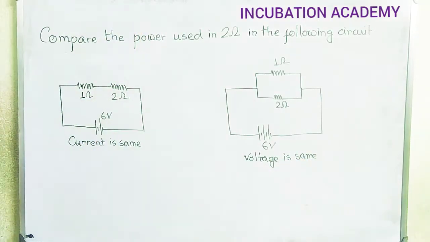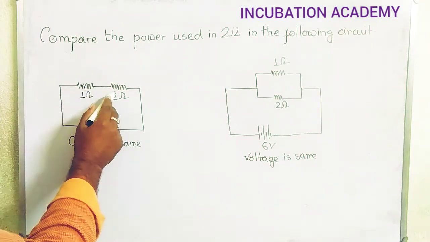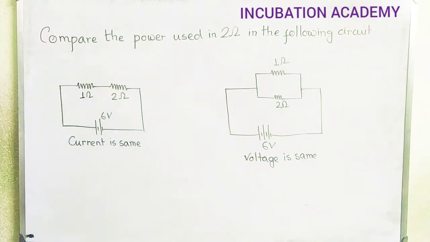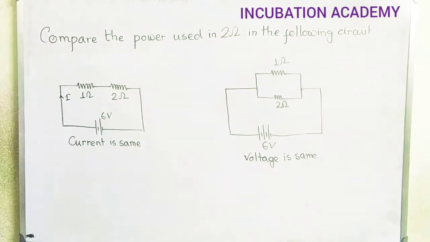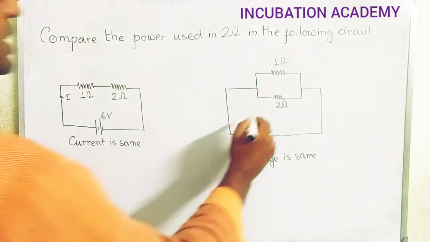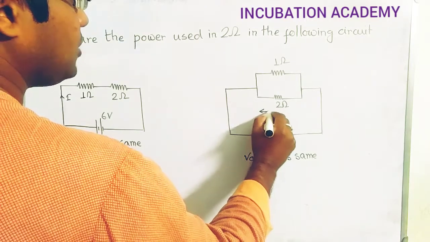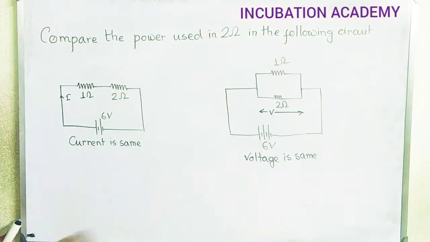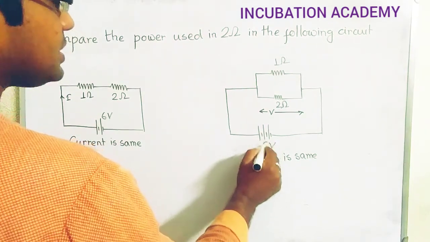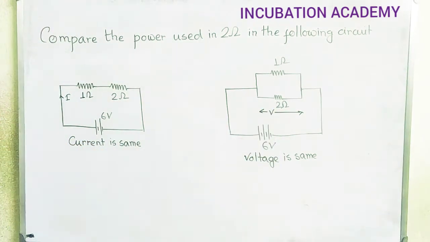So I want to say here, the current flowing through 1 ohm is the same current flowing through this 2 ohm. The current is same. And in the next circuit, the voltage appearing across the 1 ohm resistor and the 2 ohm resistor is basically same. And here the supply voltage 6 volt is actually applied across it.